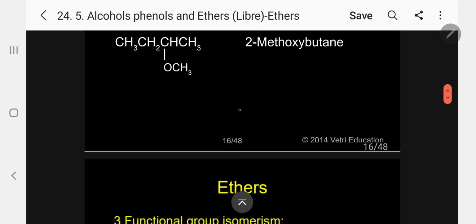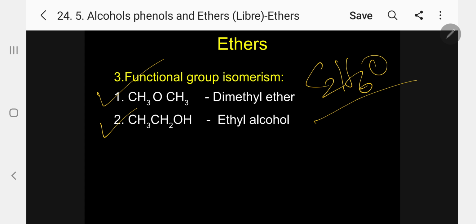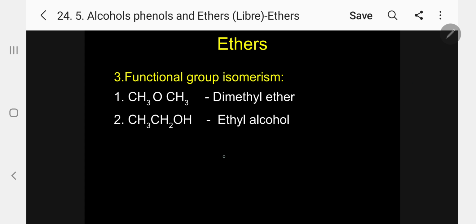Kindly follow. Positional isomerism. Coming to functional group isomerism, the first one I can give: dimethyl ether and ethyl alcohol, general formula C2H6O. So this is functional group isomerism. Ether functional group is OCH3, alcohol functional group is OH. Please follow.